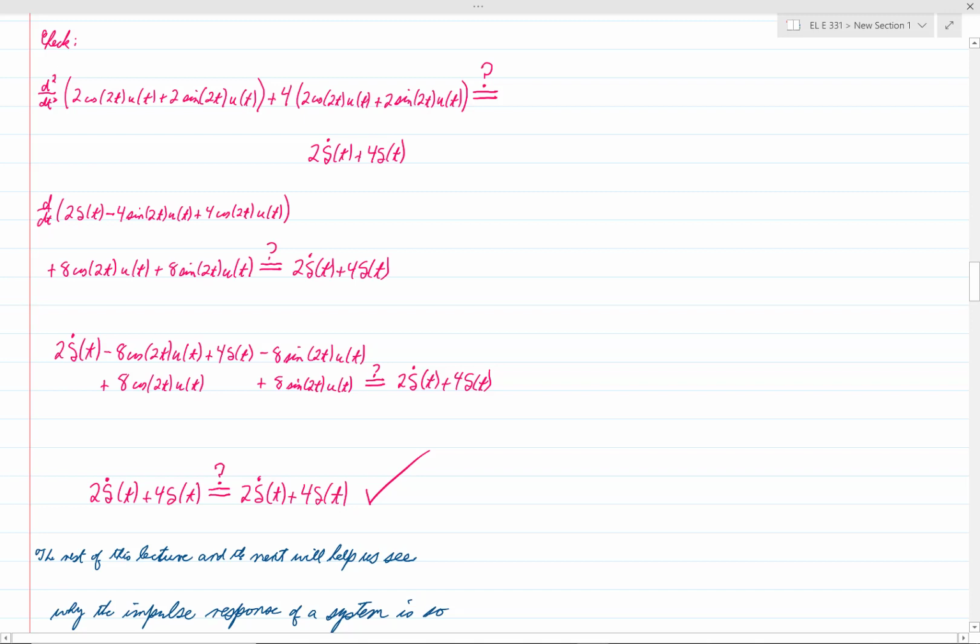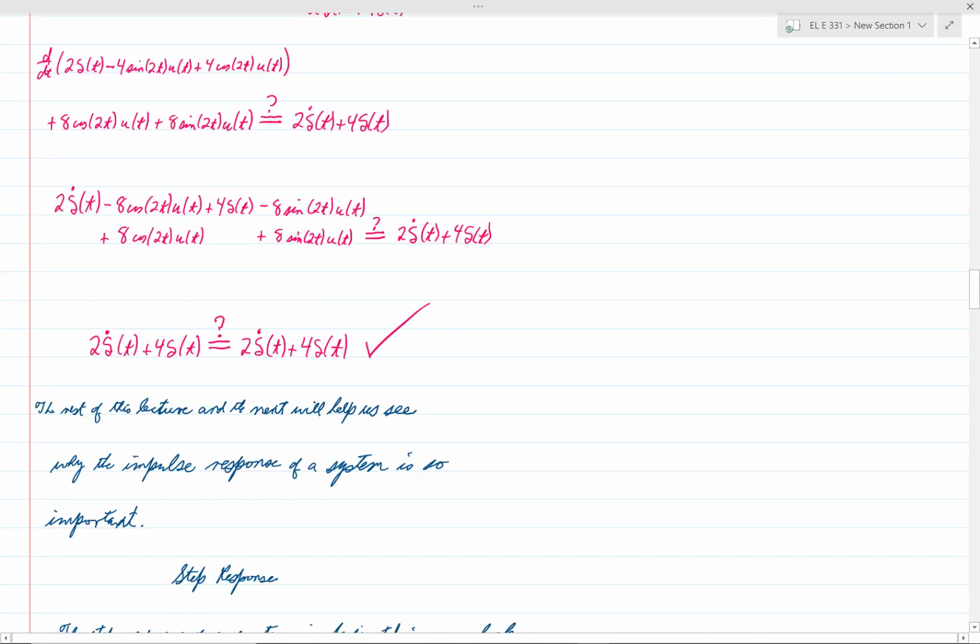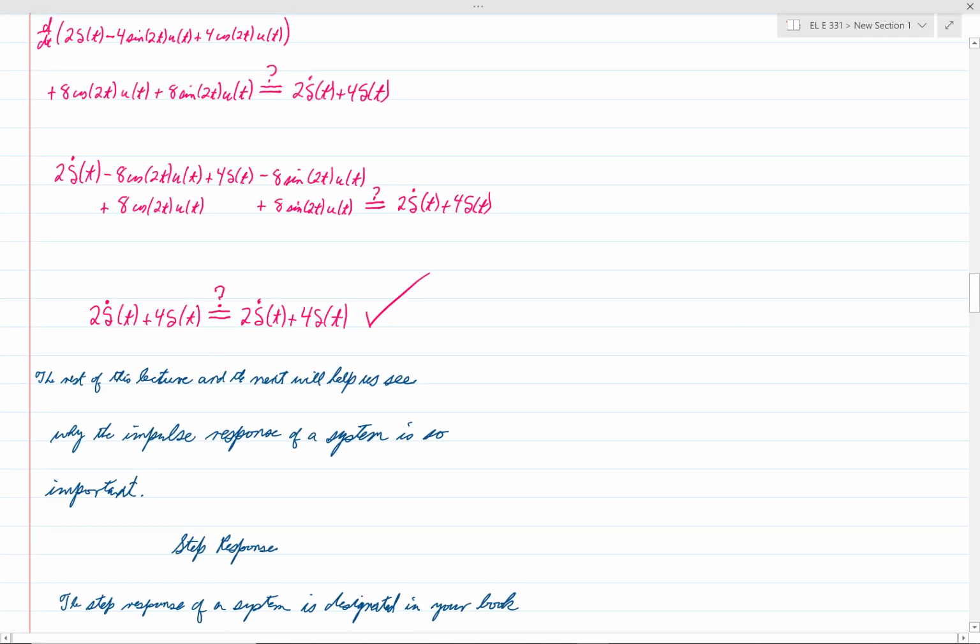So that's all for finding the impulse response. And what we want to do now is look at a couple of examples for why the impulse response is so important. You might remember that I said at the beginning of Lecture 7 that the impulse response was very important, that it really tells you all you need to know about a system.